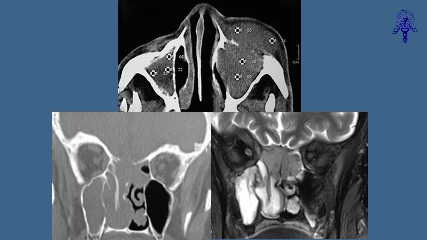So you can say that MRI gives a very good delineation of the soft tissue, but it can also speak of bony breach if you can read it well.